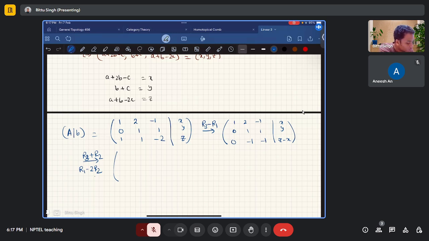So R1 minus 2 R2 will give us 1 0 and minus 1 minus 2, which is minus 3, and x minus 2y. This row is unchanged, and now for R3 plus R2, minus 1 goes to 0 and minus 1 also goes to 0. This becomes z minus x plus y.